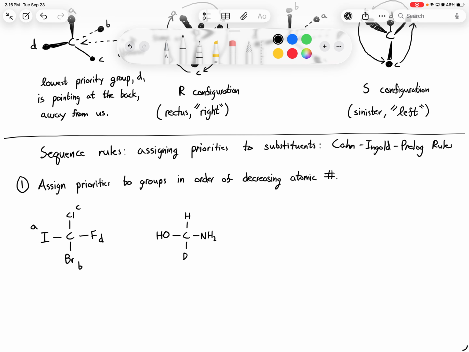Nitrogen is not the highest, so what has a higher atomic number than nitrogen? Oxygen. So that's where A belongs. All right, what's next? Nitrogen, right? All right, then we have a tie. H and D have the same atomic number. Now you look at molecular weight. So what's the mass of deuterium?